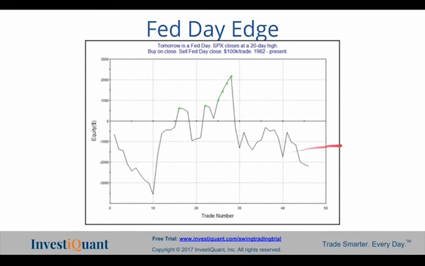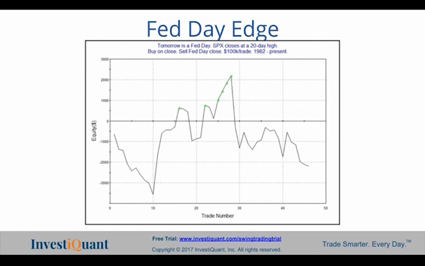Let's look at Fed days when you're at a 20-day high. From 1982 to present, it showed no edge. I guess you could say slightly bearish edge, but really hardly anything over a long period of time. There weren't a ton of instances, but it didn't look anything like the previous chart and suggested that the Fed day edge was not nearly as strong at a new high.